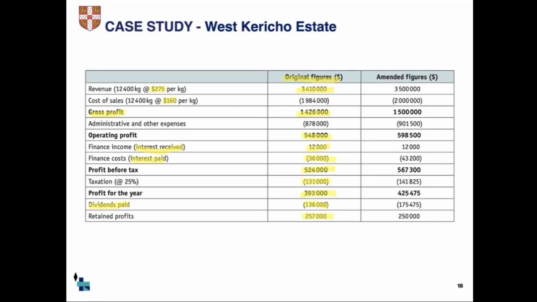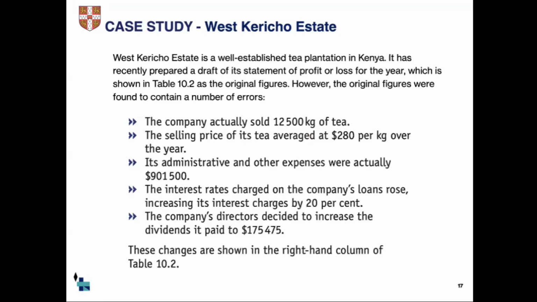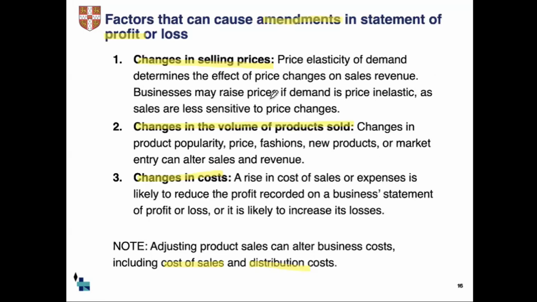All right, so let's look at some of the changes that occurred, which is giving rise to these amended figures. The first one says that the company actually sold 12,500 kilograms of tea. So that is a factor that can change the structure of the income statement. Remember that we said these are some of the things that can cause amendments in the statement of profit or loss.